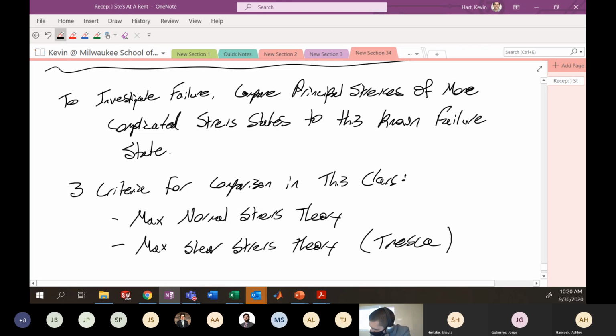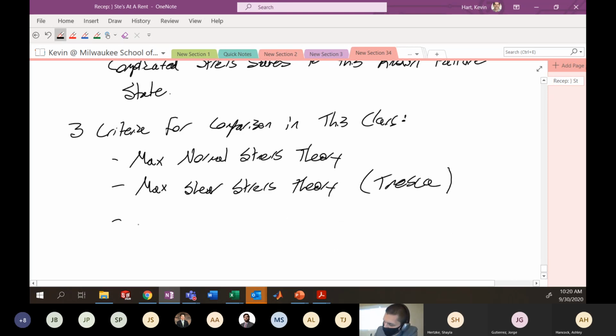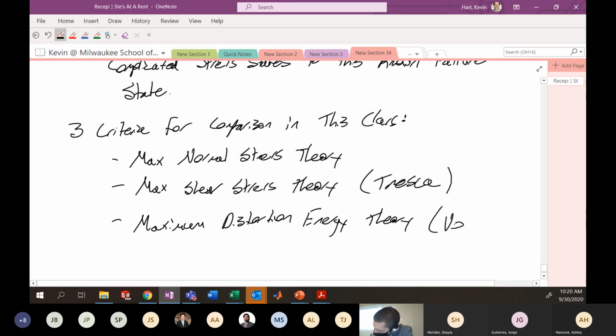And the maximum distortion energy theory, also sometimes called the von Mises theory.